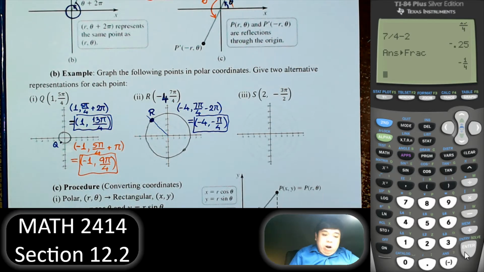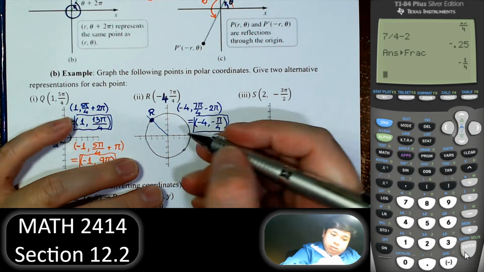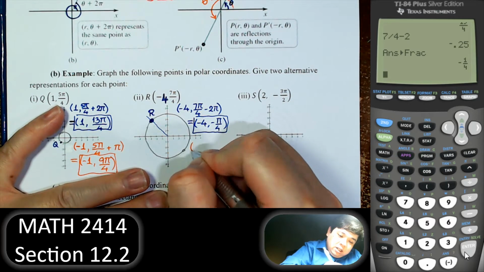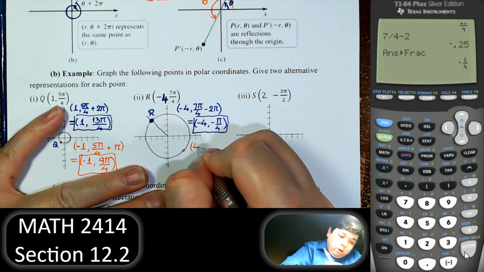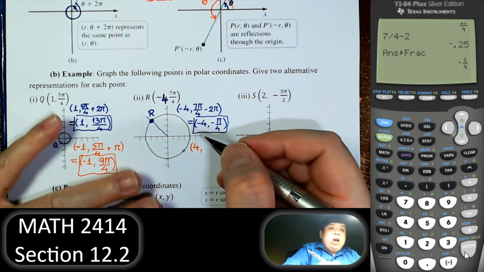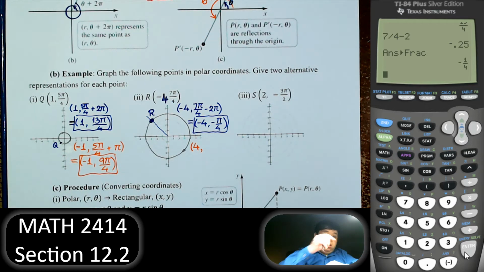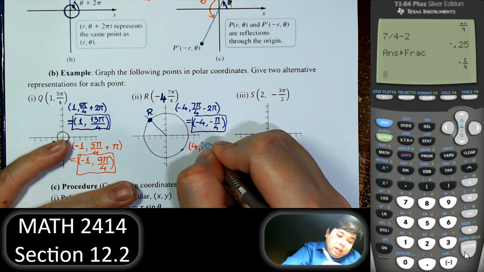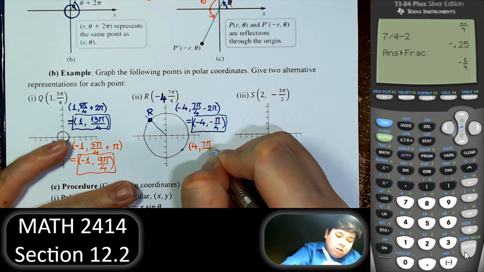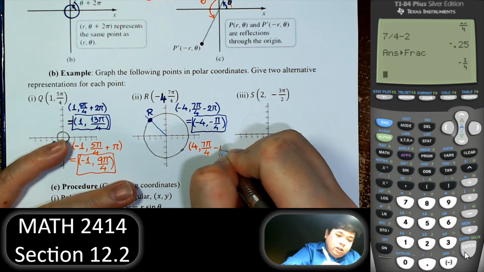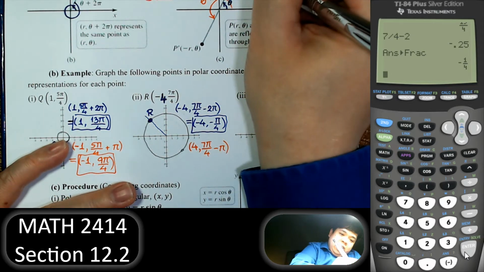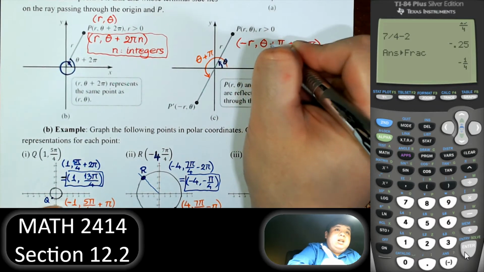Now, if we don't want that, we can just negate, turn the r to the opposite. So instead of negative 4, it's going to be 4. But when we do that, we have to go to the opposite point from it. So to get to the opposite, either we add a pi or we subtract a pi. Still the same thing.